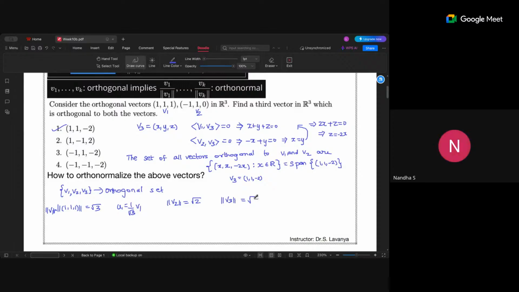Root 6. So we can have u2 as 1 by root 2 times v2 and u3 as 1 by root 6 times v3. So now u1, u2, u3 is an orthonormal set.